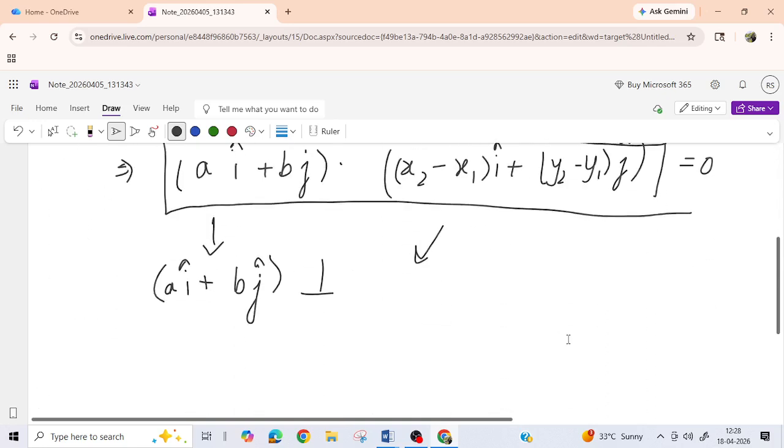So we find out that the direction of the vector which is perpendicular to line ax plus by plus c equal to 0 is nothing but (a, b).